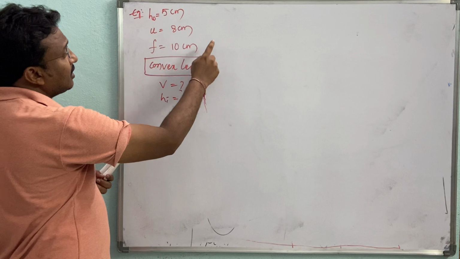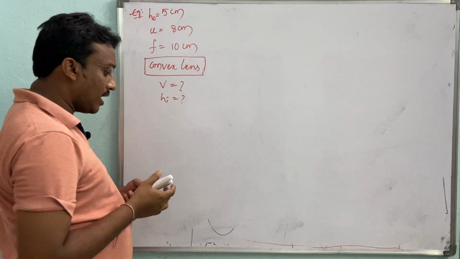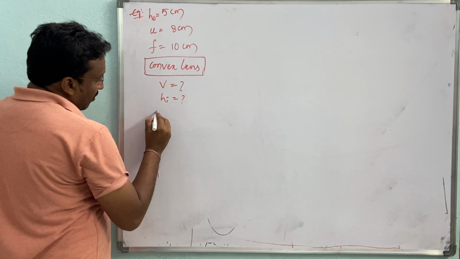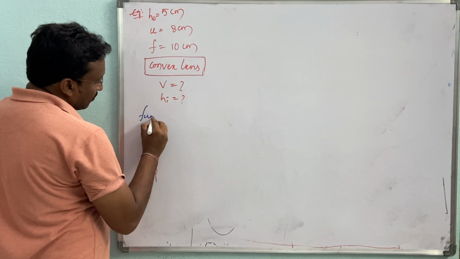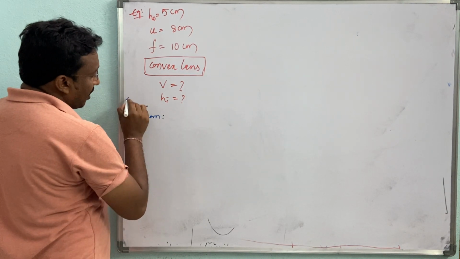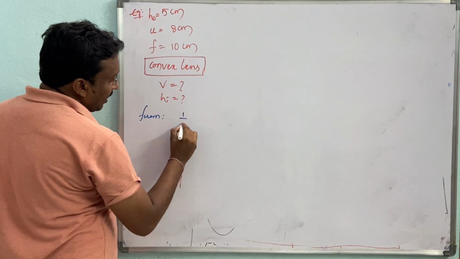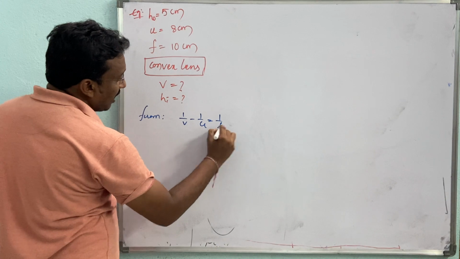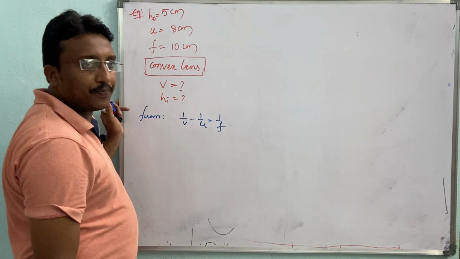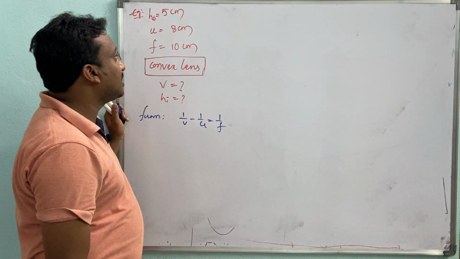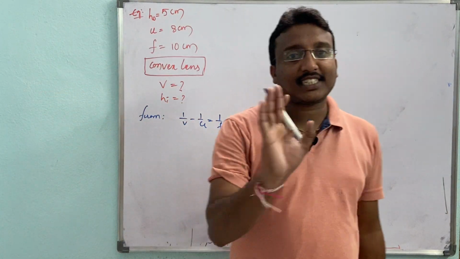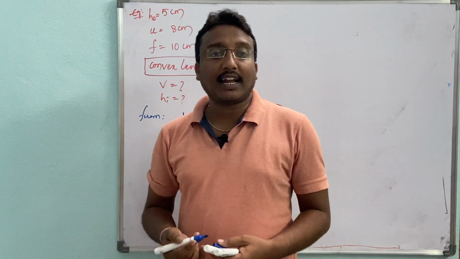We know the object distance, we know the focal length. Then which principle do we have to use? Simple, the lens formula, right? 1 by v minus 1 by u equal to 1 by f. This is the lens formula. Before using this, we have to follow some more instructions. We discussed the sign convention.